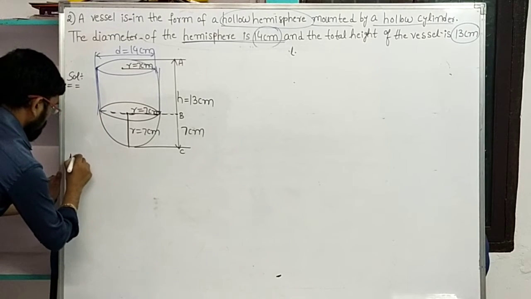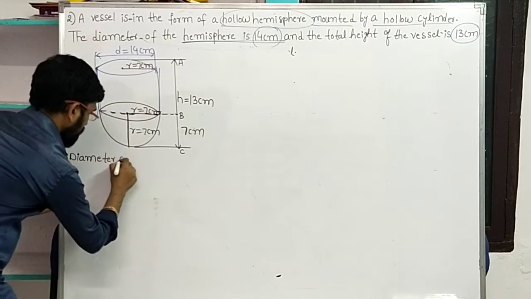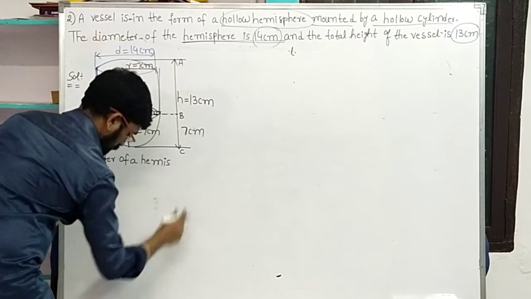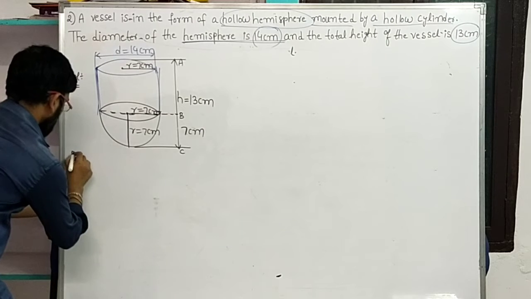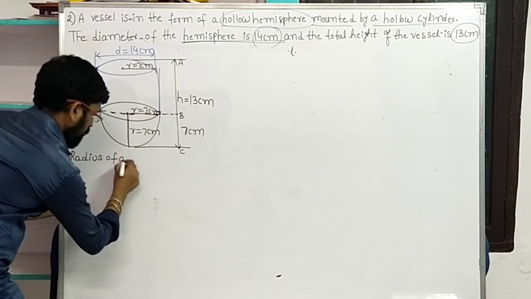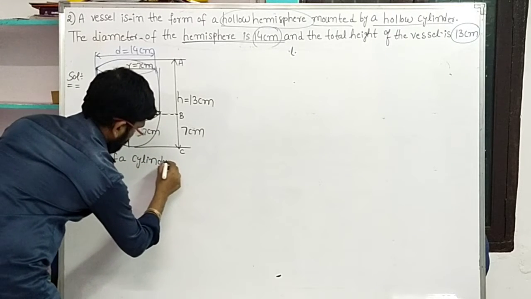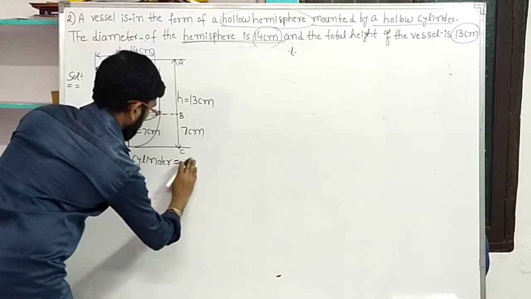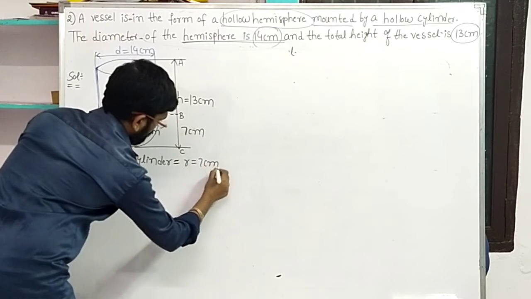First, the radius of the cylinder. The radius of the cylinder is R equals 7 centimeters.